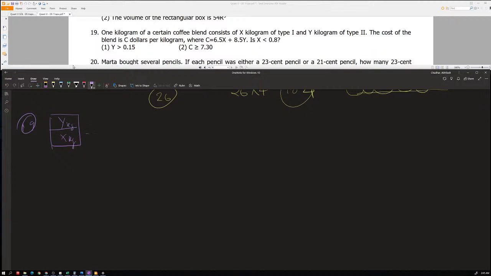Fine, not a problem. The cost of the blend C is equal to 6.5 times X plus 8.5 times Y. So it asks whether X is less than 0.8.